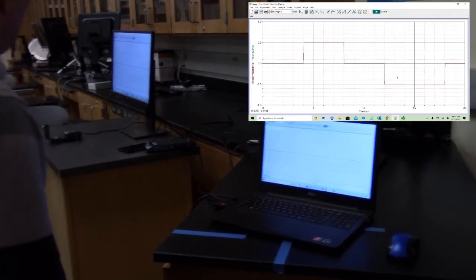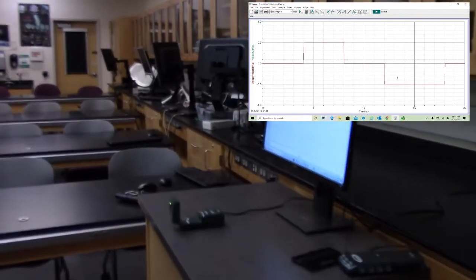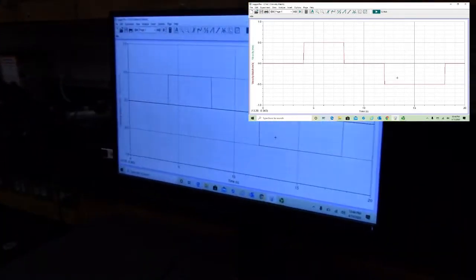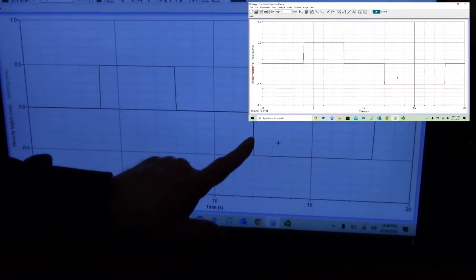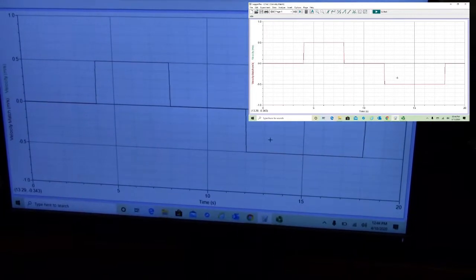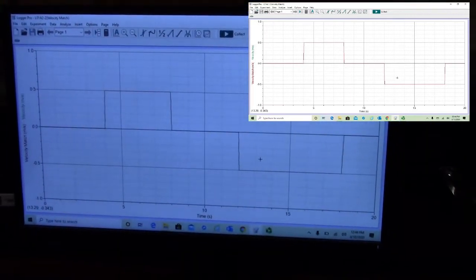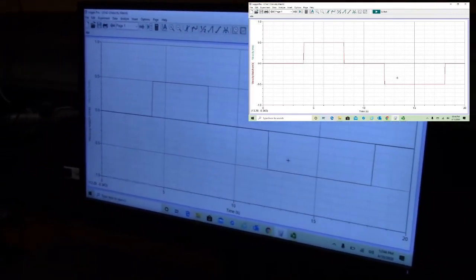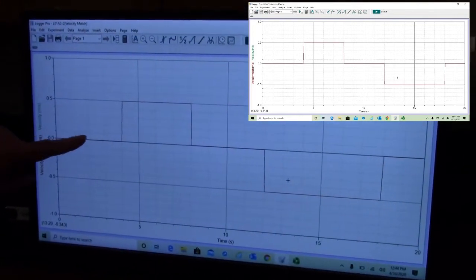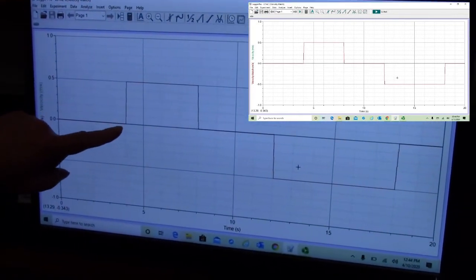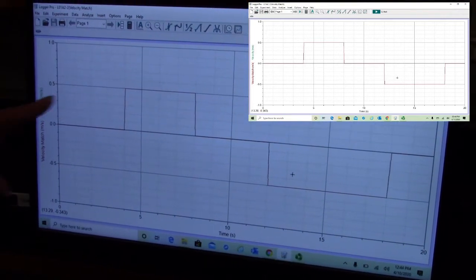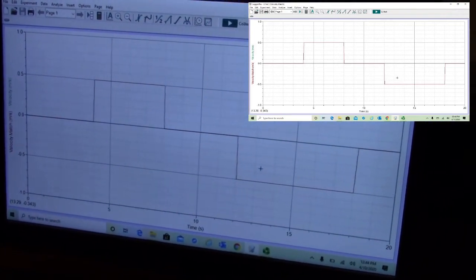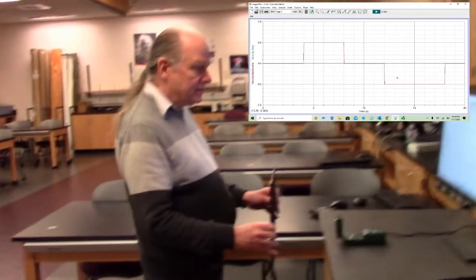All right. So now we've got this graph here that I'm going to try and match, and we'll see if I succeed. Okay, so we can see that I need to stand still right here, and then I need to increase really quickly. And then it stops again. So let me do that. Okay, so go ahead and start it.